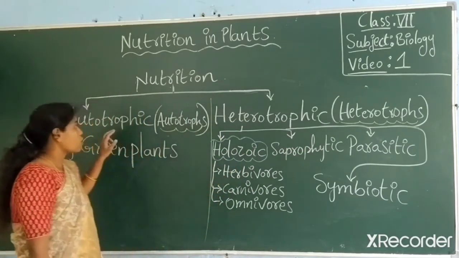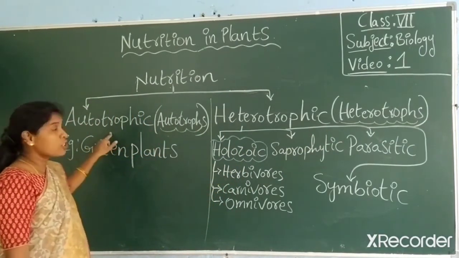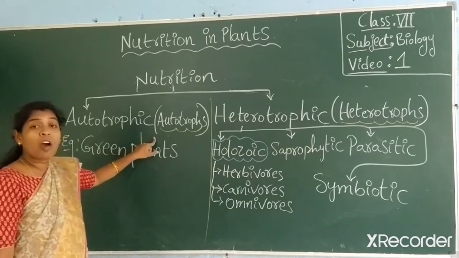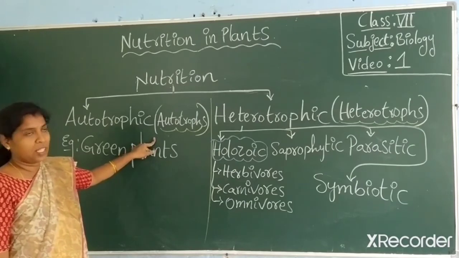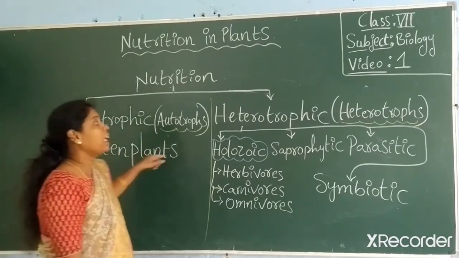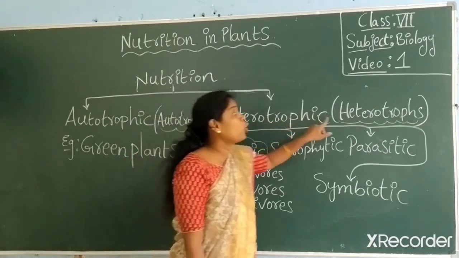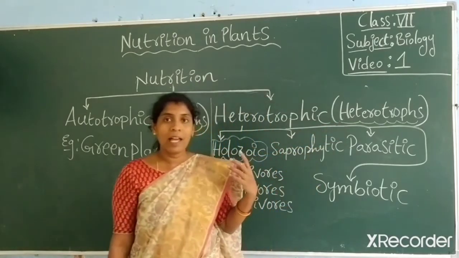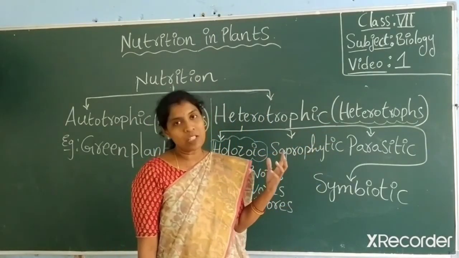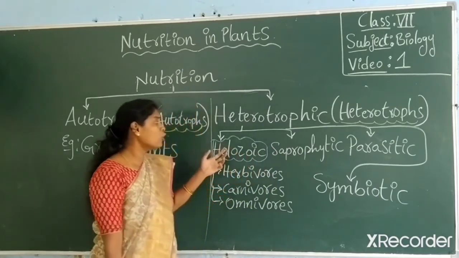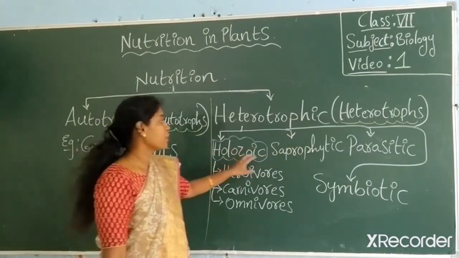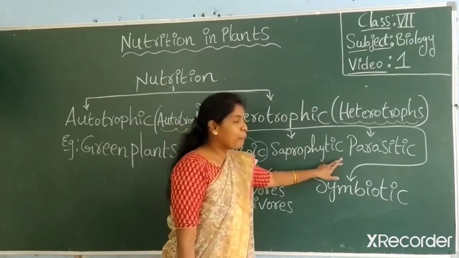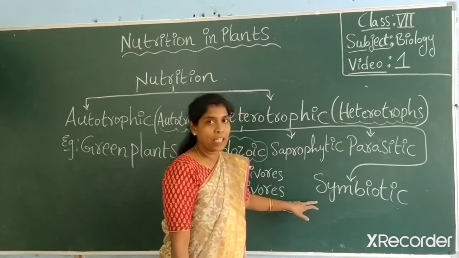Sorry, here I forgot a point. In autotrophic nutrition, autotrophs are present. These autotrophs can make their own food. Example, green plants. Then in heterotrophic nutrition, heterotrophs are present like animals, and even some of the plants also. They follow these types of nutrition: holozoic nutrition, saprophytic nutrition, parasitic nutrition and symbiotic.